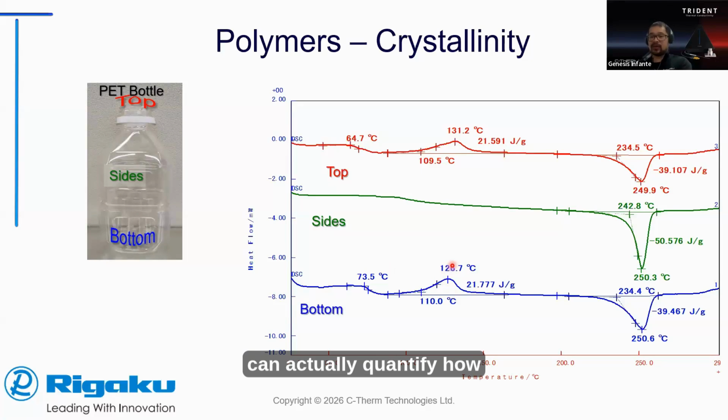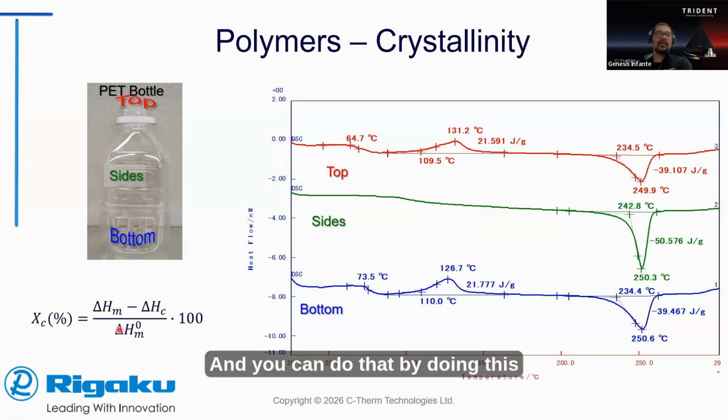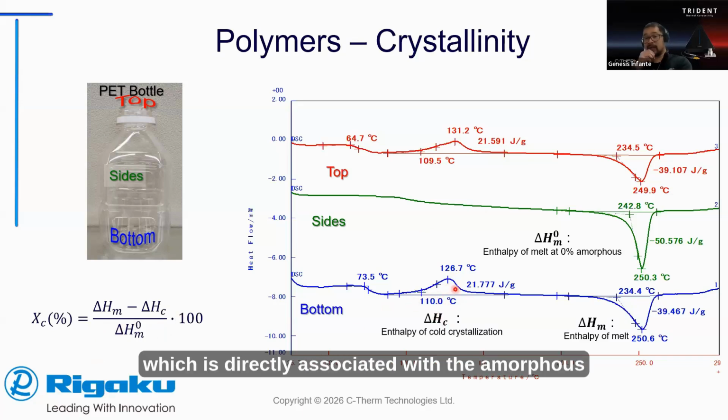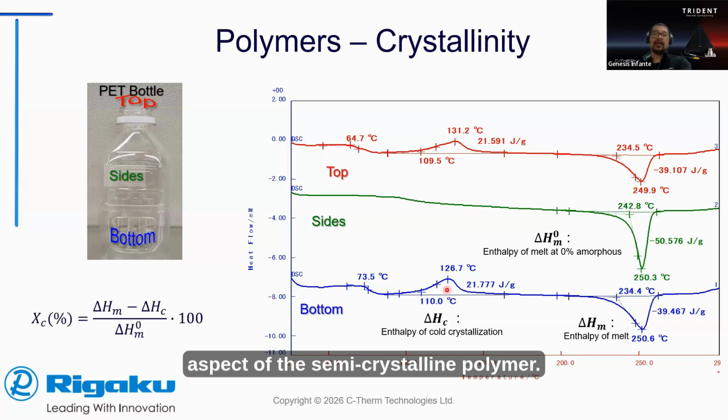So you can actually quantify how crystalline each of these PET parts is. You can do that with this equation right here, where you take the enthalpy of the cold crystallization, which is directly associated with the amorphous aspect of the semi-crystalline polymer, and the enthalpy of the melt.